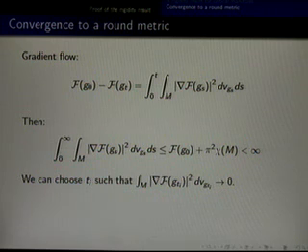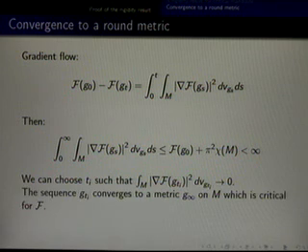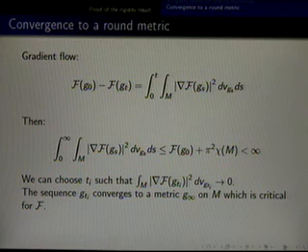So as this is finite, you know that there exists some sequence of times such that this quantity goes to 0. So you take such a sequence of times, you take the associated metrics g_{t_i}, and we want to pass to the limit. It has bounded curvature, because you have no singularities.